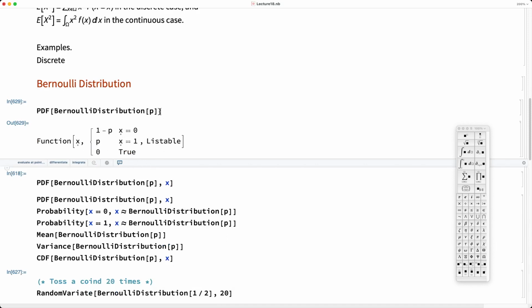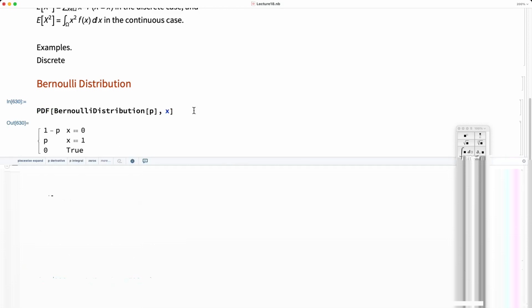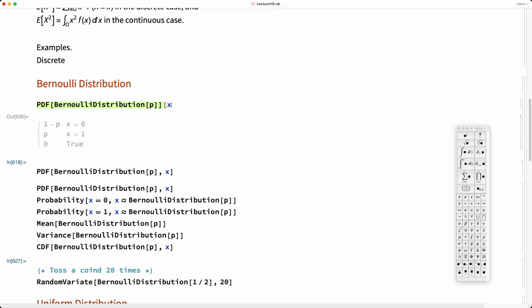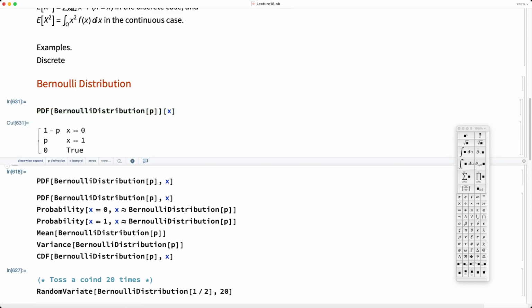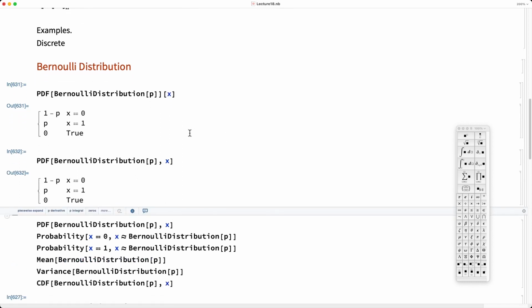We can explicitly declare that this is a function of x, like this, or we could do it like this. In either case, we get the same thing. So let's try this version.